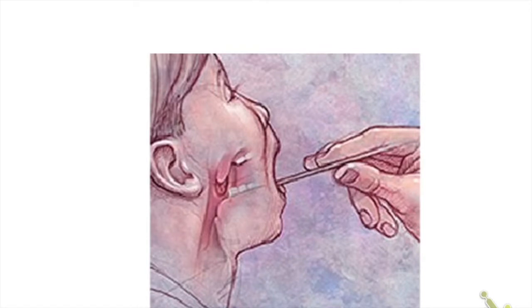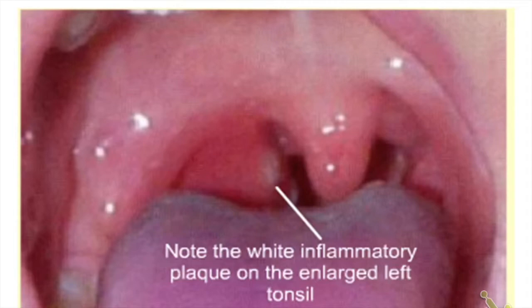So most of the time we do a throat swab in trying to isolate, and if you have tonsillitis, most of the time you'll be able to see white inflammatory plaques in a swollen tonsil.